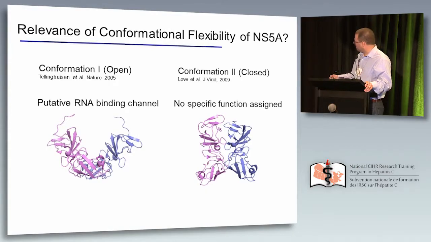So these are structures that are published, and the authors of this paper here argued that this is a cleft that would facilitate binding of a double-stranded RNA, while in this structure here, there's no evidence for such a cleft. So the idea was that in this structure, RNA could be accommodated, but not here.